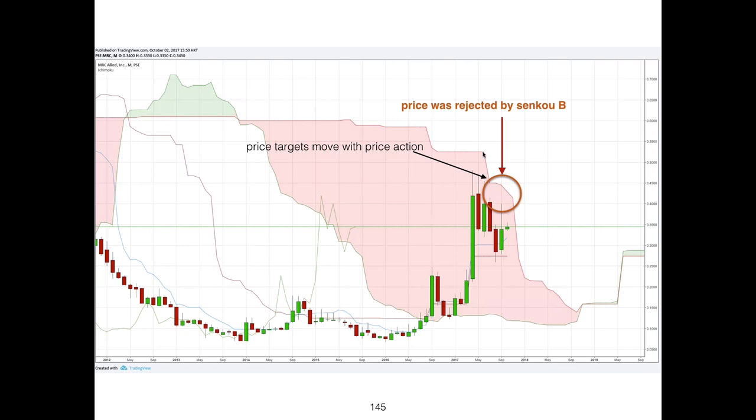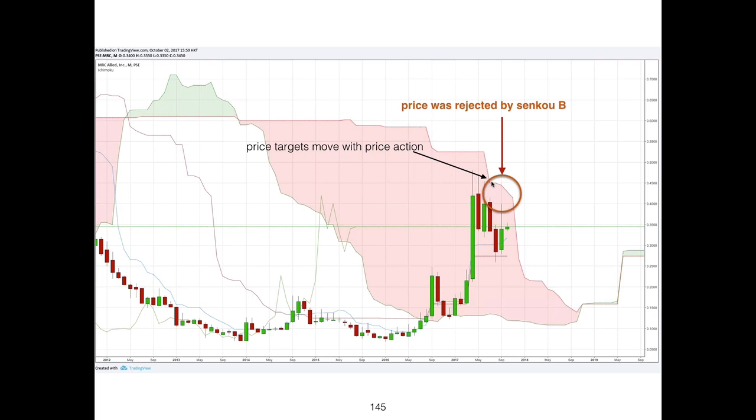Because Senkou lines are based on price and time, right? It represents price over a certain amount of time. So as price progresses, time also progresses. So the Senkou B adjusts with time and price. So while initially the target was at 66, as time moved, the Senkou B moved back down.